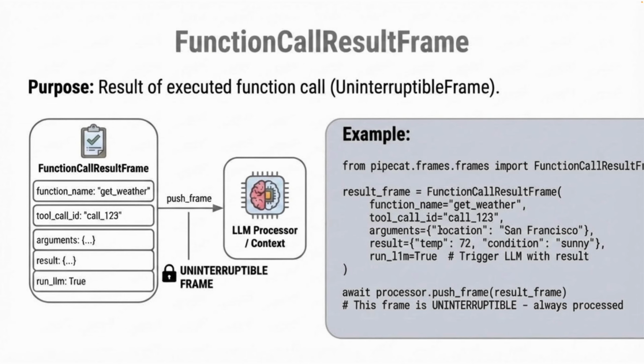In the processors, generally we would be creating certain results via this. Just to note, this frame is uninterruptible. So if there is any interruption, all the frames are dropped, but this frame is not dropped because it is uninterruptible.